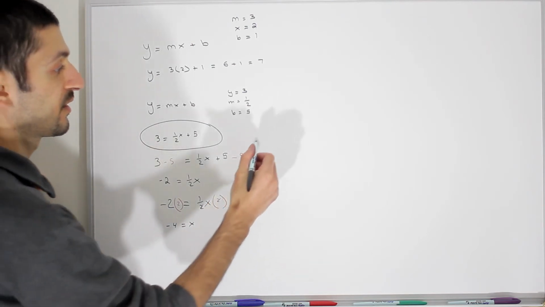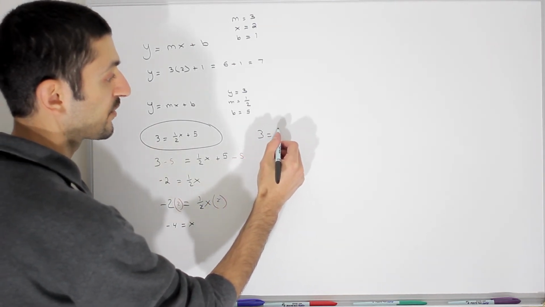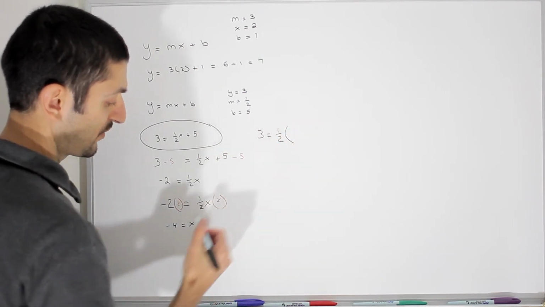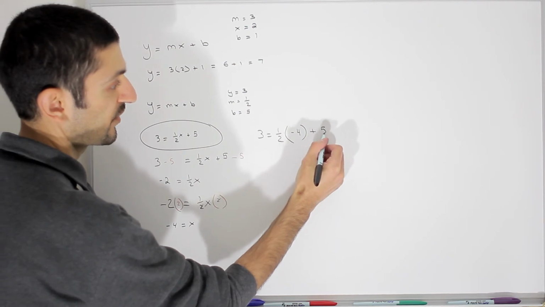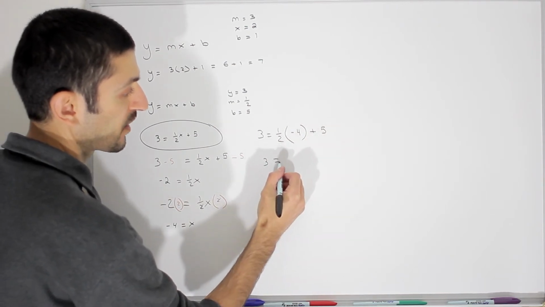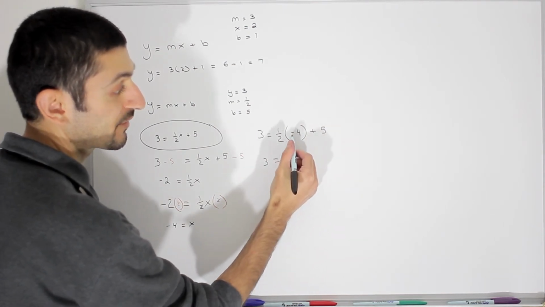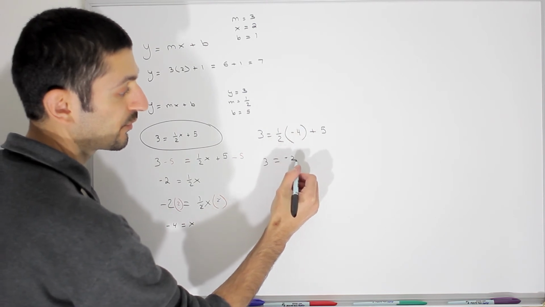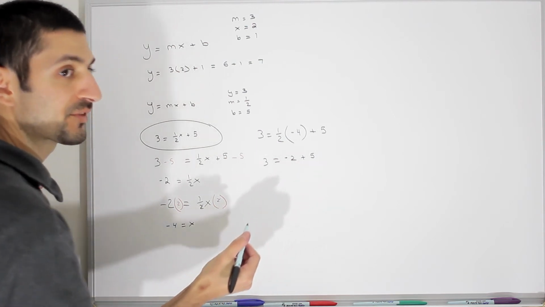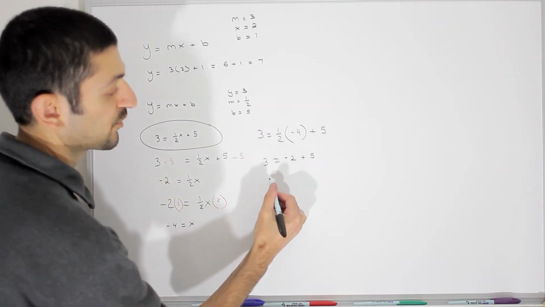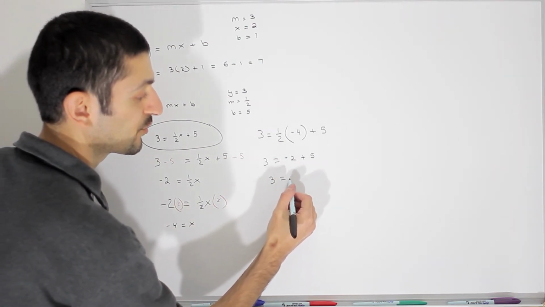Let us experiment. 3 equals 1/2 times -4 plus 5. So 3 equals -4 over 2, which is -2, plus 5. -2 plus 5 equals 5 minus 2, which gives us 3. So 3 equals 3.